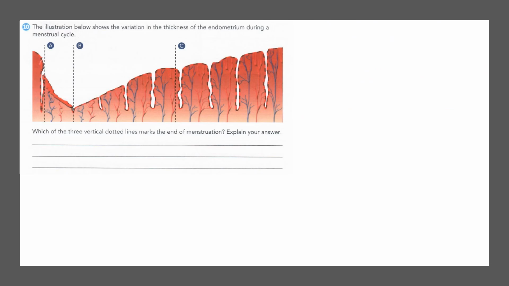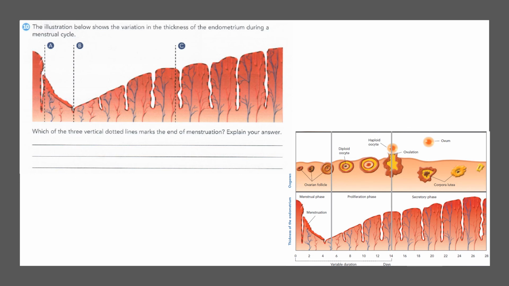And one more. The illustration below shows the variation in the thickness of the endometrium during a menstrual cycle. Which of the three vertical dot lines marks the end of menstruation? So here I'm going to put all of those together. So see, if this one is the endometrium, what's going to be the end of menstruation?